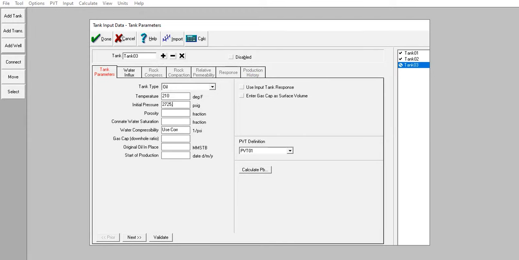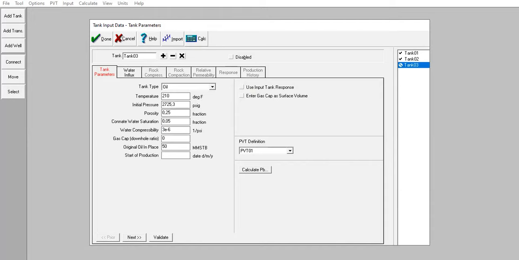So yeah, they're actually the same, except the original oil in place. Okay, 3E minus 6, 0, original oil in place. This one, the third tank, has the highest OIP, original oil in place, of 50 million stock tank barrel.